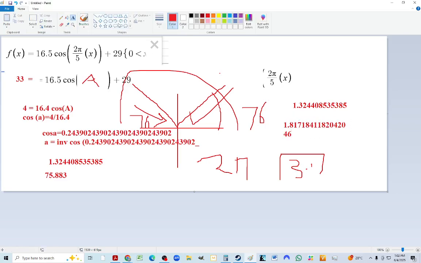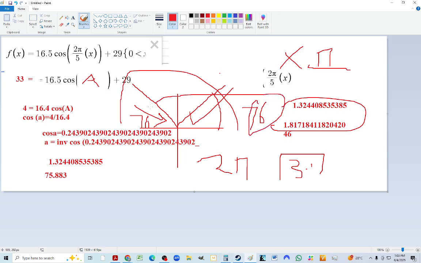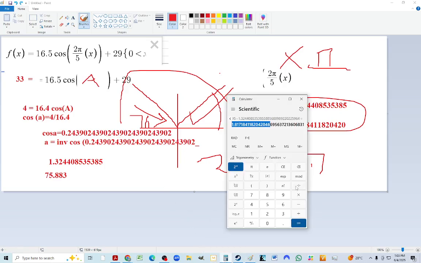To convert it to degrees, you have to multiply it by 180. You can convert any radians to degrees by multiplying it by 180 and dividing by pi. You can convert any degrees by multiplying it by pi and dividing it by 180. So if I divide this by pi and multiply by 180, I should get my 75 point whatever I got. Well, actually, this is second degree, so I'll get my 104.